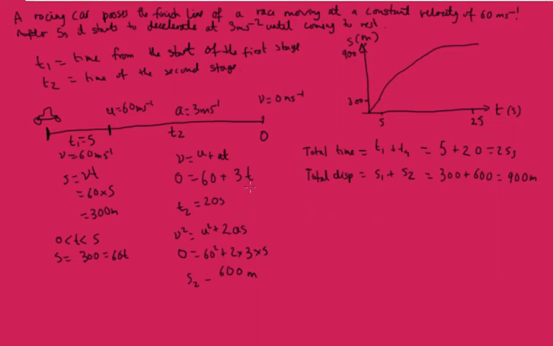Now we can use our equations of motion to give us an equation that explains the curve. So we have S equals ut plus a half a t squared. Now if we were to do it for S2, that's 60 times T2 plus a half times minus 3 T2 squared, which is 60 T2 minus 3 over 2 T2 squared.